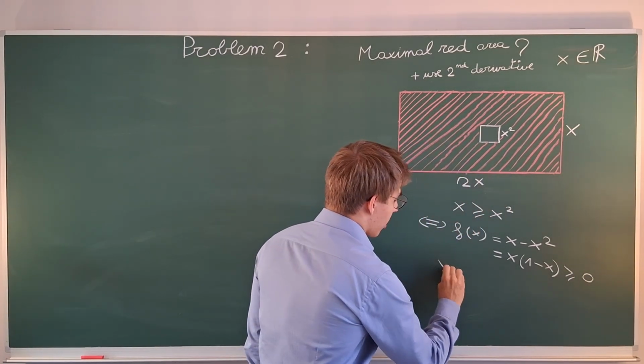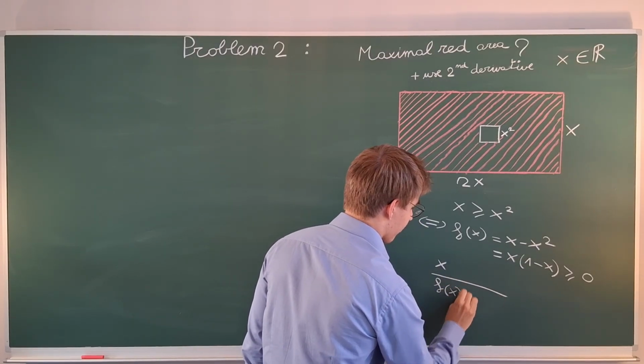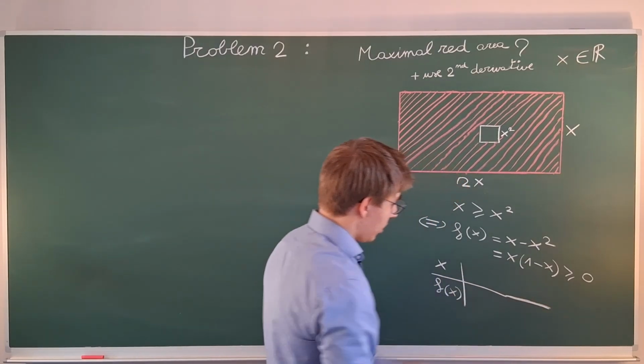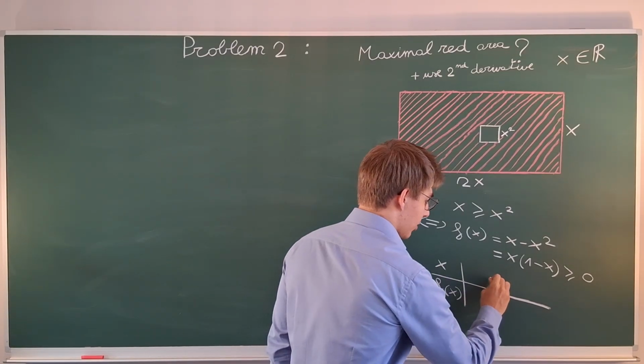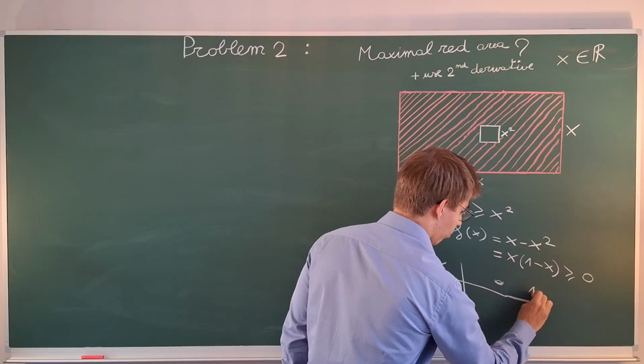Now, if we would graph x and f of x, then we would see that the function is 0 at x equals 0 and x equals 1.